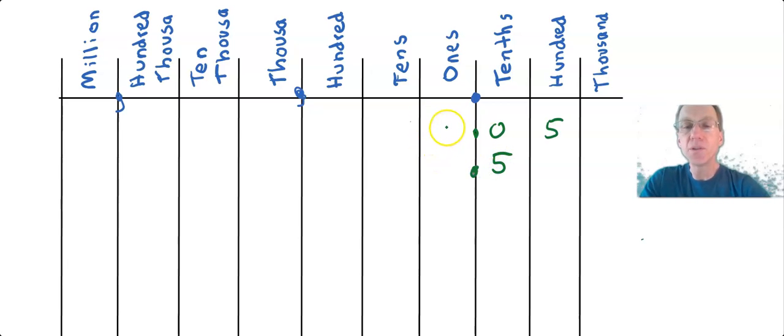Comparing these numbers, if it's pizza, neither one has a whole pizza. This one has 5/10ths, and this has no slices that are the size of a tenth. It does have 5 slices that are hundredths, but remember those were teeny tiny when we drew those. So this is where you stop comparing, because this one has no tenths. 5/10ths is greater.